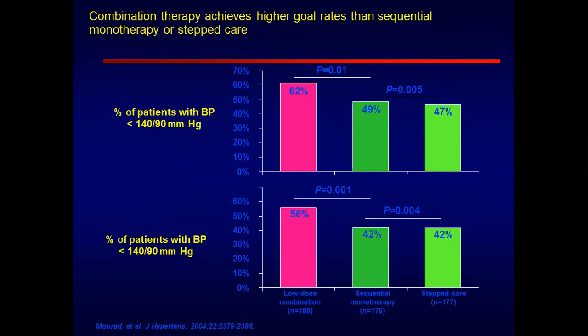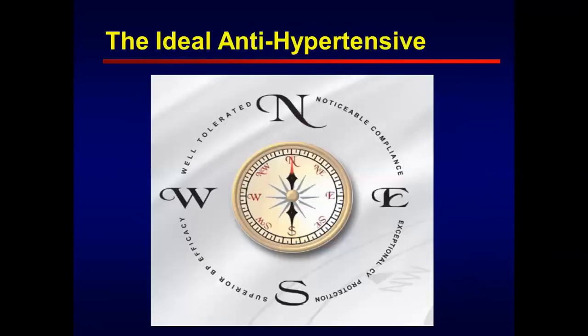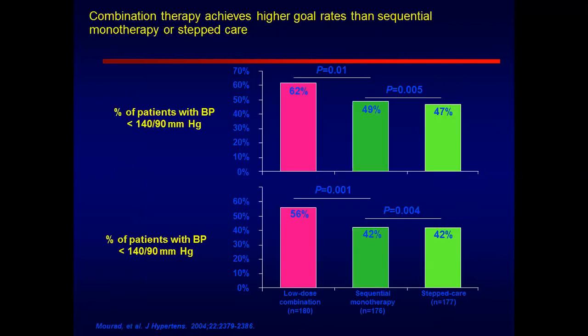Also, we have to keep in mind that we sometimes need to combine a lot of drugs. As you can see in different studies, you can use up to 4.5 drugs to control the blood pressure.